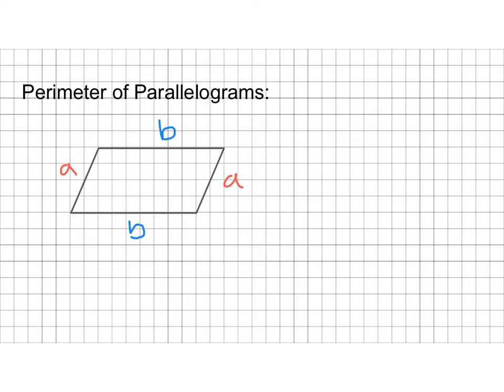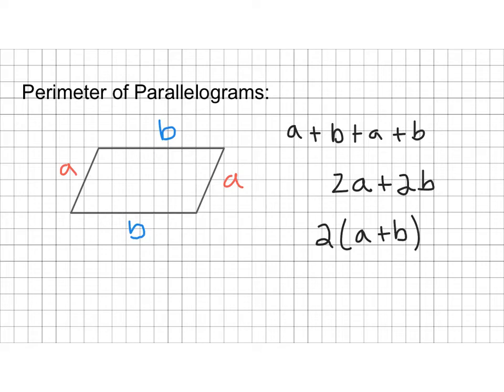And so then we could write our perimeter as A plus B plus A plus B, or we could write it as 2A plus 2B, or we could factor it and write it as 2 times A plus B.